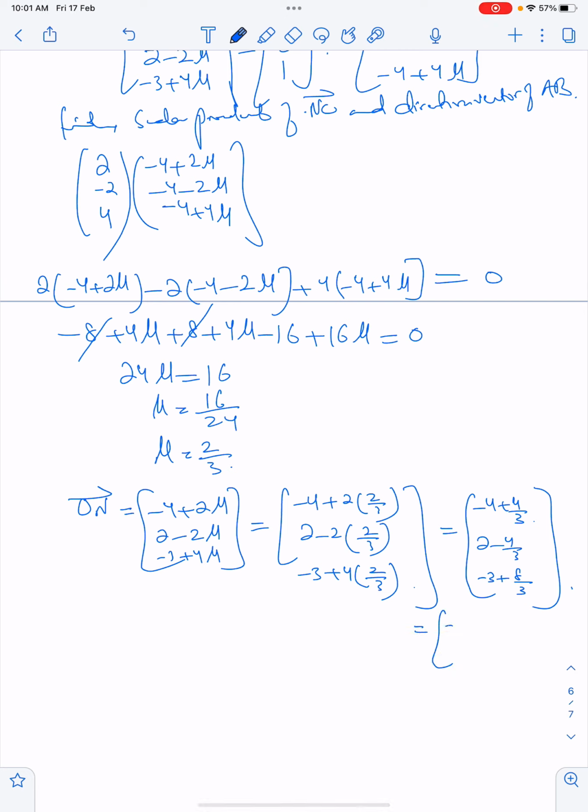Which is -8 upon 3... -10 upon 3, 2 upon 3, and -1 upon 3.